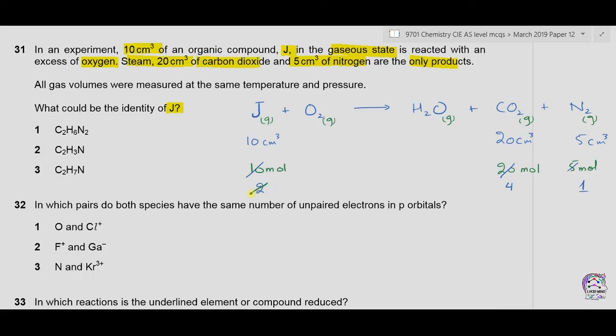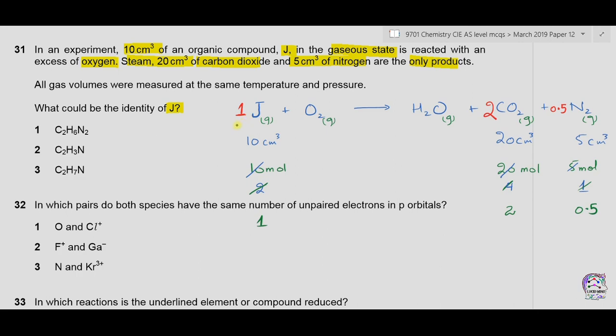This can further be simplified to the ratio 1 : 2 : 0.5. So we can say 1 mole of J reacts with excess oxygen to form 2 moles of CO2 and 0.5 moles of nitrogen.